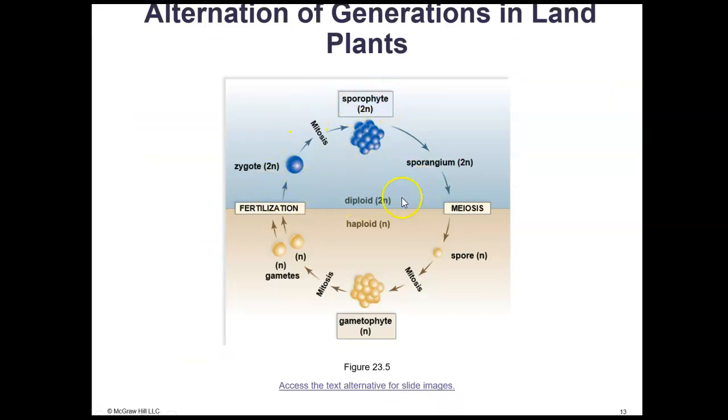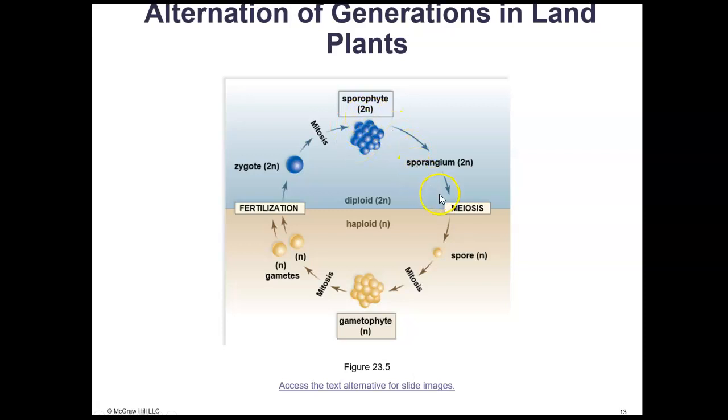The top half represents the diploid stage of the plant, and the bottom half, colored brown, represents the haploid stage. After fertilization, we have the zygote, which is diploid, the original cell that grows by mitosis into the sporophyte structure of the plant. And in the sporophyte, all the cells are diploid.